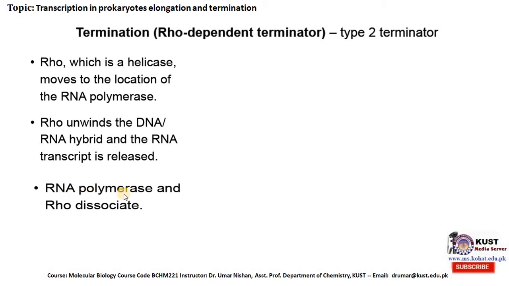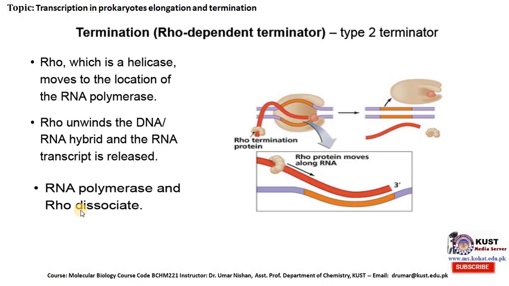RNA polymerase and rho dissociate, and you see here rho termination protein. It moves along here. It dissociates. This is the newly formed RNA. This is the rho, and this is the RNA polymerase.